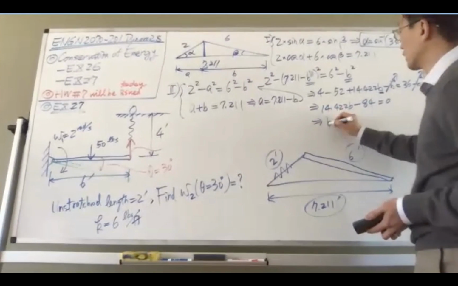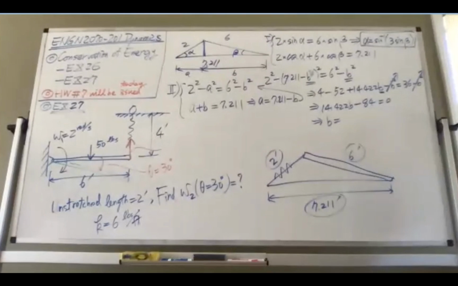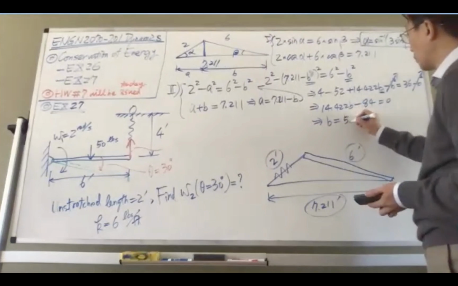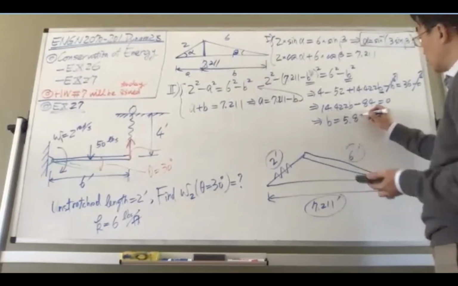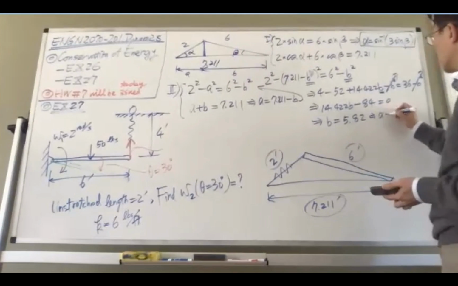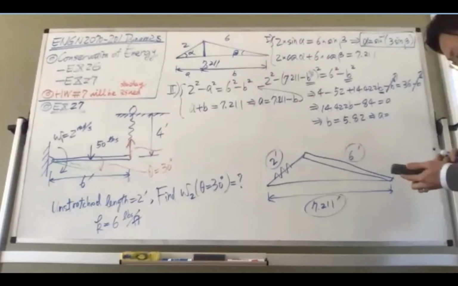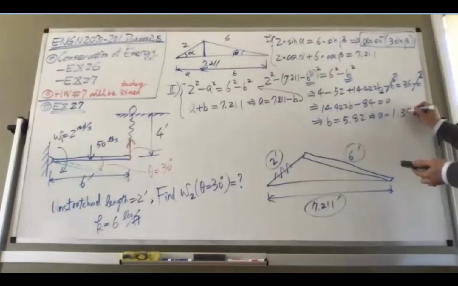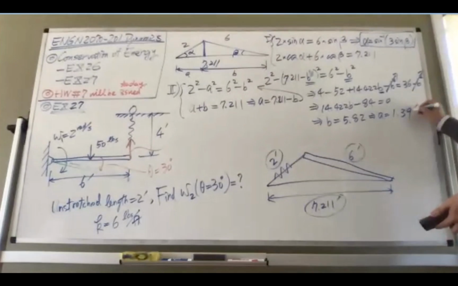So of course, simply you can find out the value of B from this, and that's 84 divided by 14.422, which will give you 5.82, and that means A is about 1.39 feet.